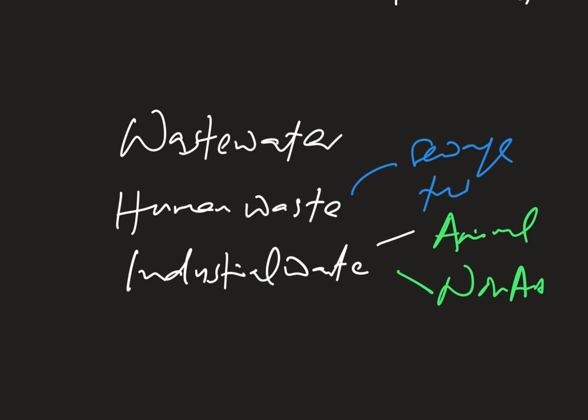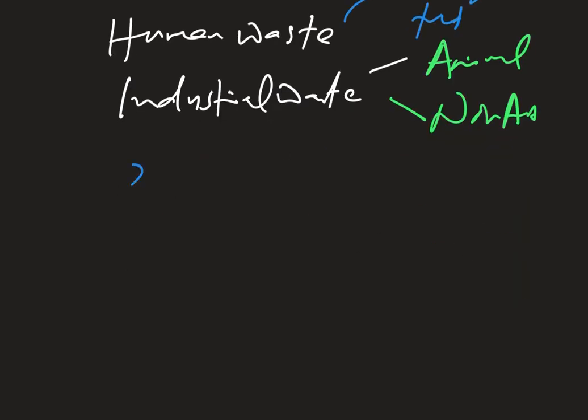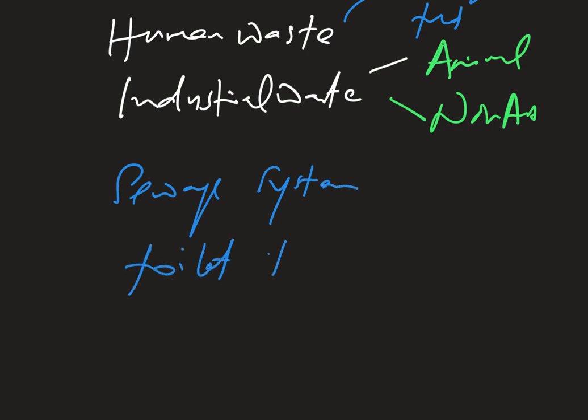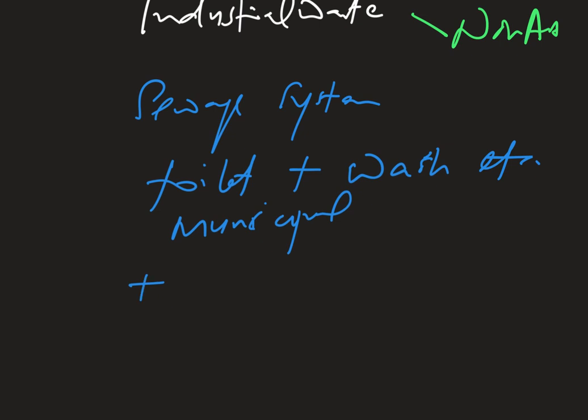What do I mean by sewage treatment system? Sewage is our toilet water plus our wash water, washing machine, anything from municipal activity. Somehow it might mix with stormwater. So this is what constitutes wastewater.